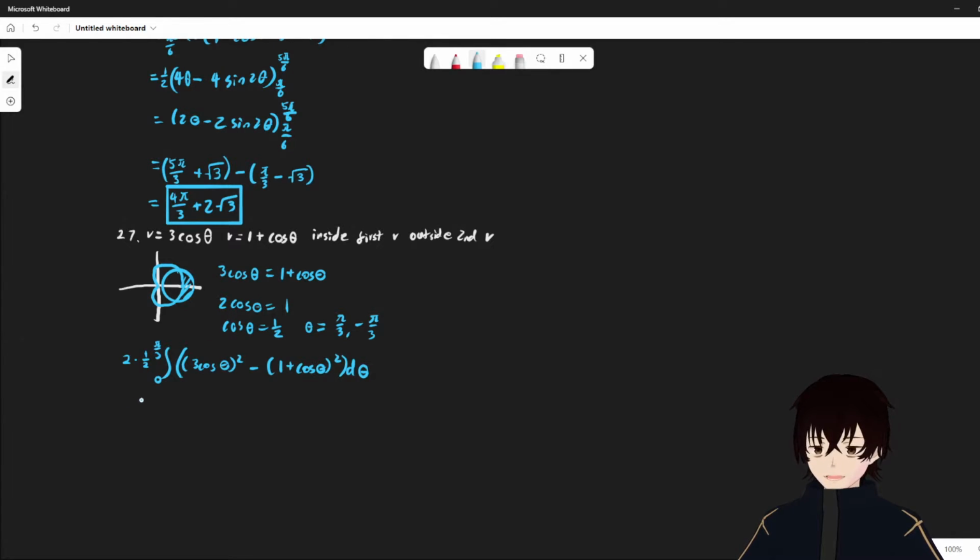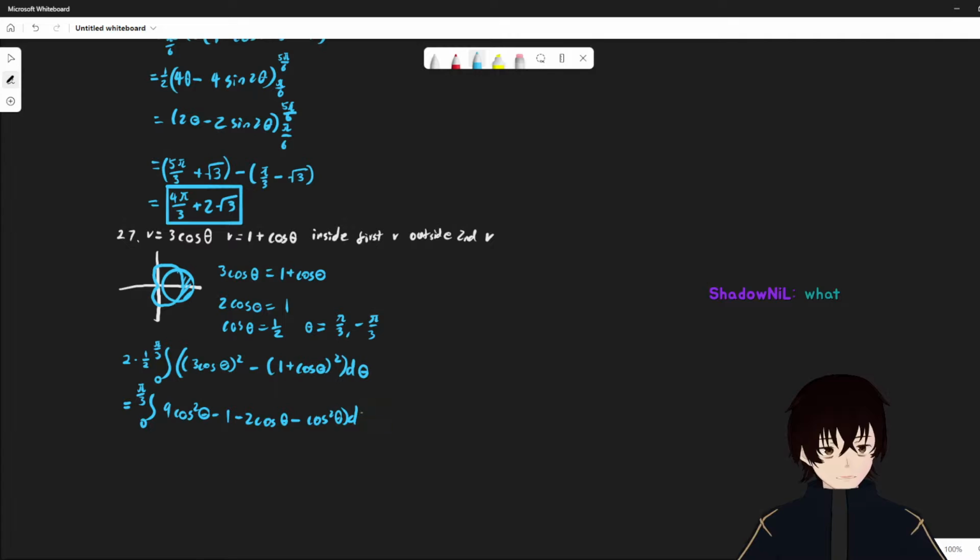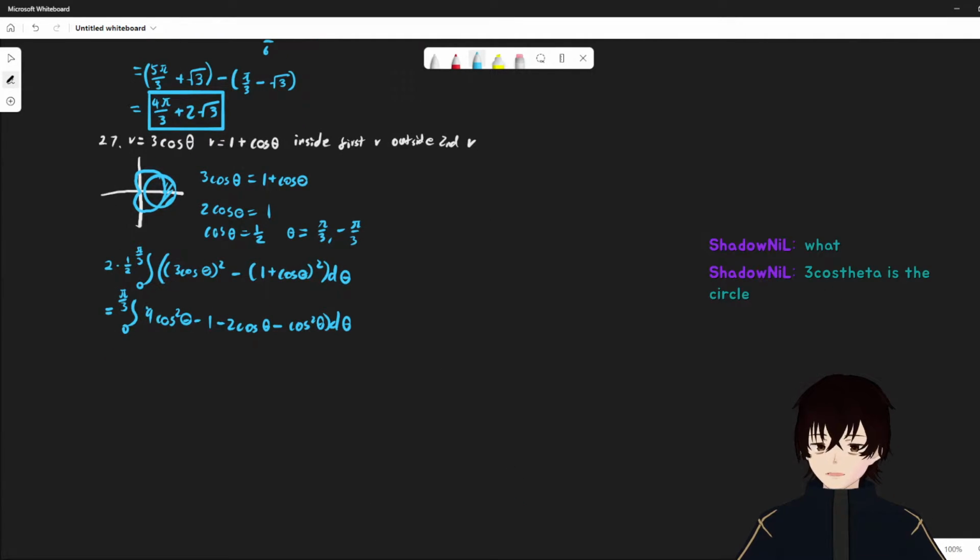That turns out to be integral from 0 to pi over 3 of 9 cosine squared theta minus 1 minus 2 cosine theta minus cosine squared theta d theta, which is, 3 cosine theta is the circle, right? Inside the first one, outside the second one. Yep.